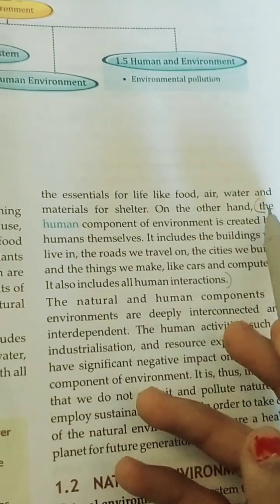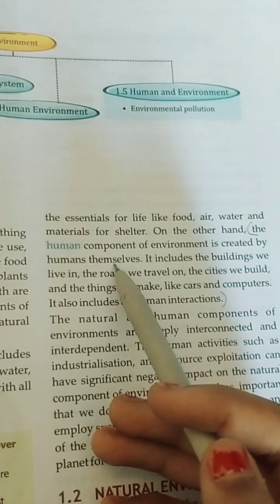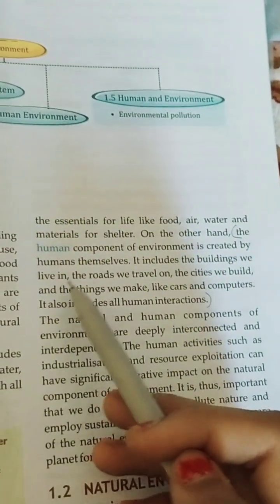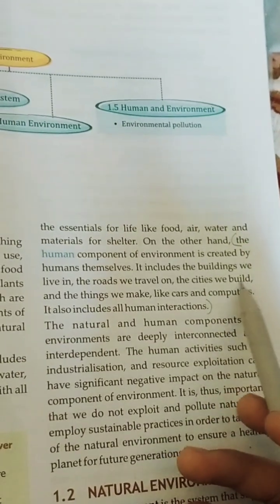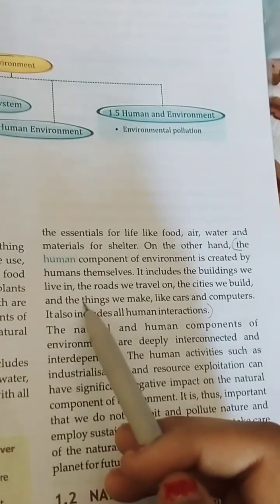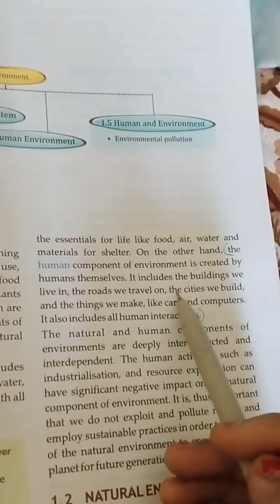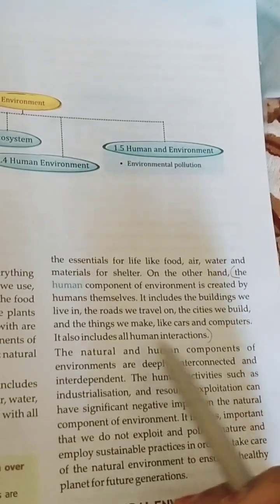On the other hand, the human component of environment is created by humans themselves. It includes the buildings we live in, the roads we travel on, the cities we build, and the things we make, like car and computer. It also includes all human interactions.